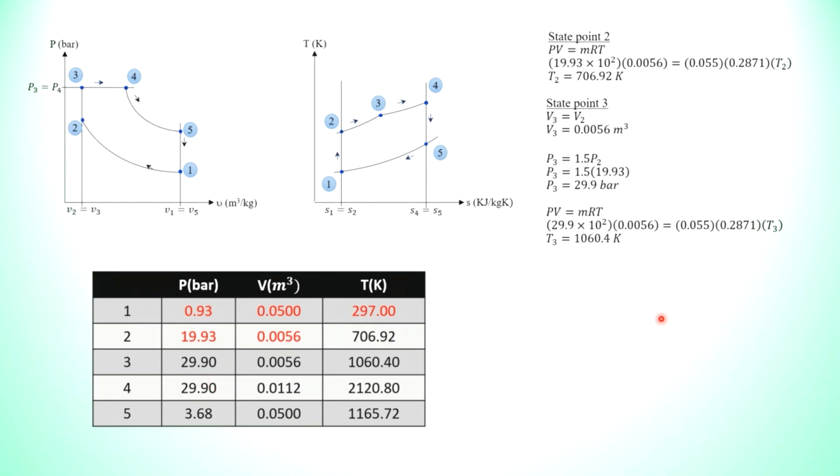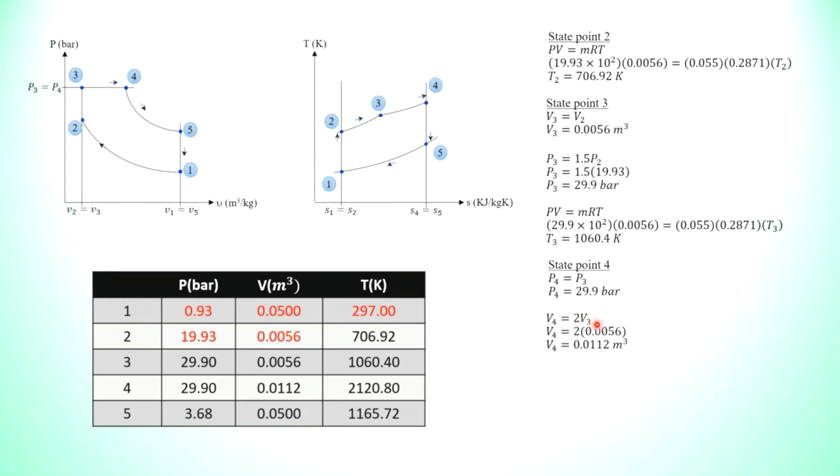Then the next thing is they did give us a volume ratio during the constant pressure process, that is between 3 and 4. Again, P3 equals P4. Then the volume ratio is Vmax to Vmin, V4 to V3, which is given in the question as 2 to 1.